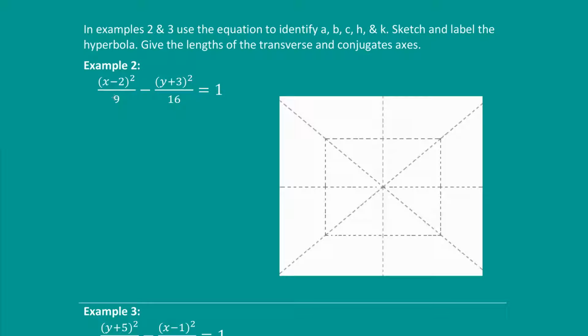So from here, we know this is an x minus y. So x minus y is going to look like an x, which means it's going to be opening like so.